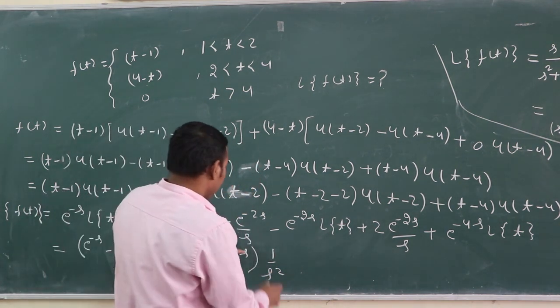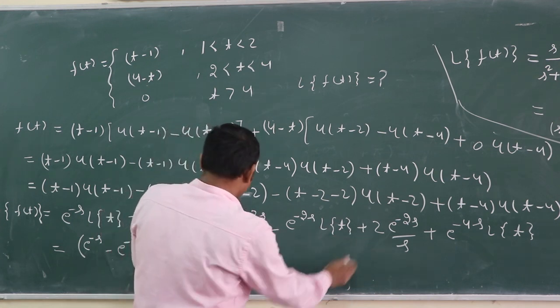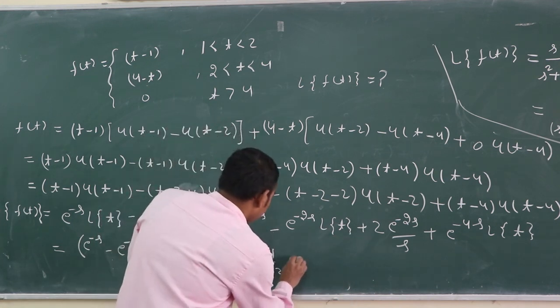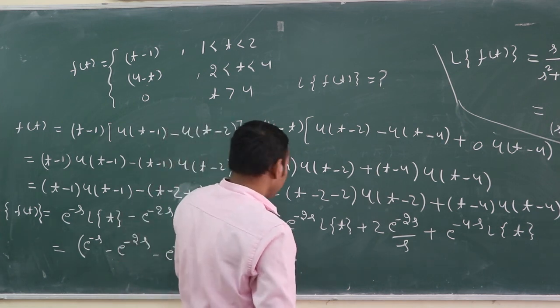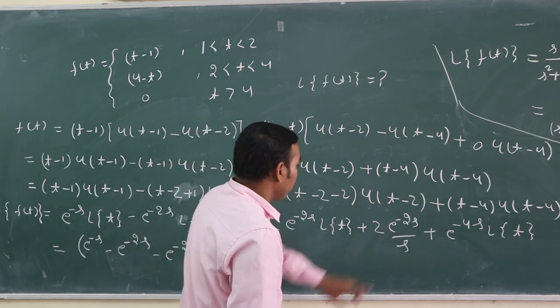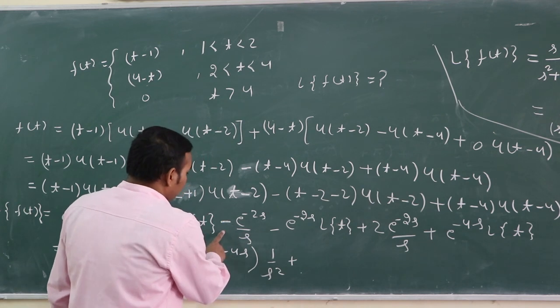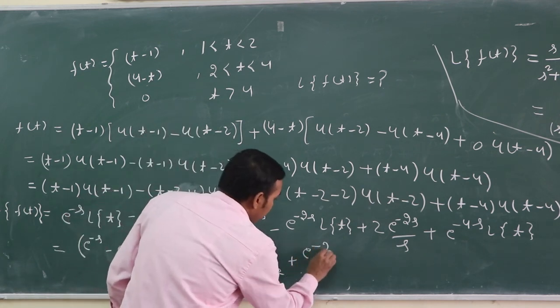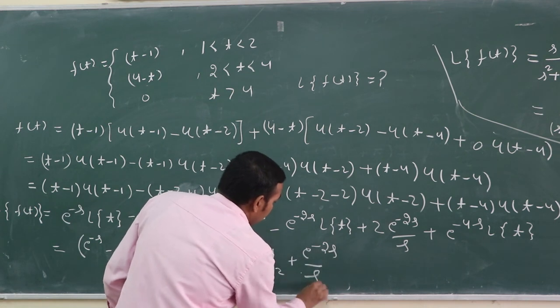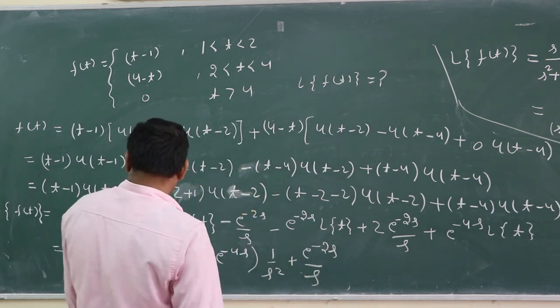And if we combine these terms, simply we say that e to the power minus 2s upon s here, and here minus e to the power minus 2s upon s, plus e to the power minus 2s upon s.